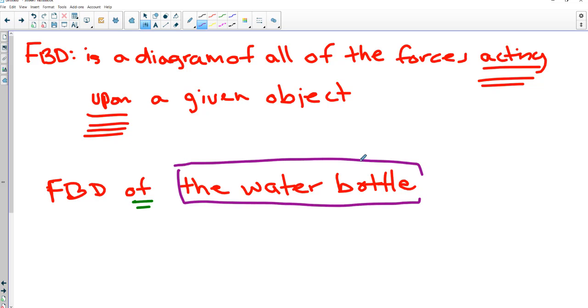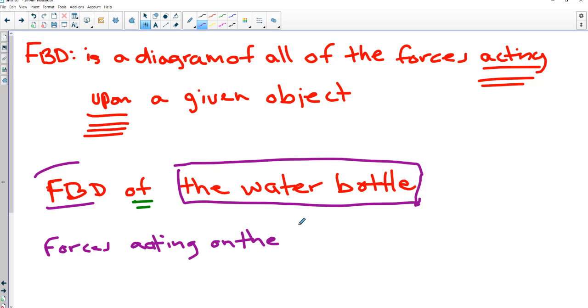And what we want to know then are all of the forces acting on the water bottle. We'll come back to that in one moment.